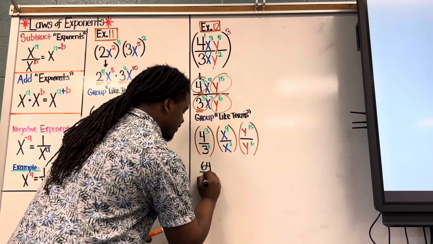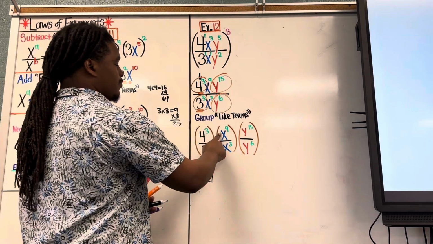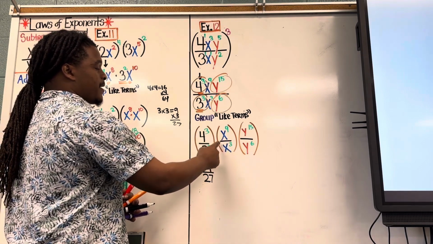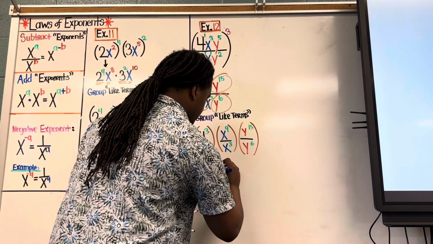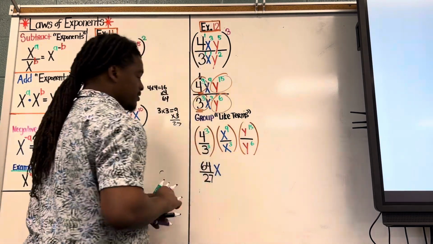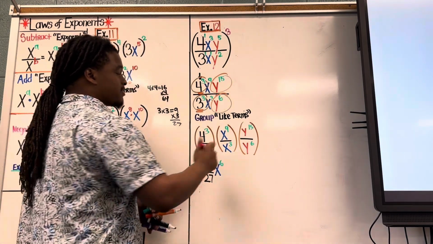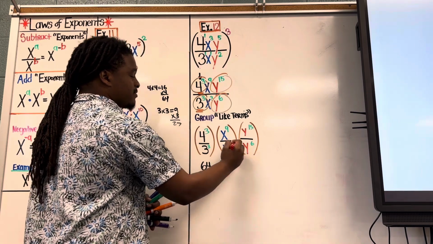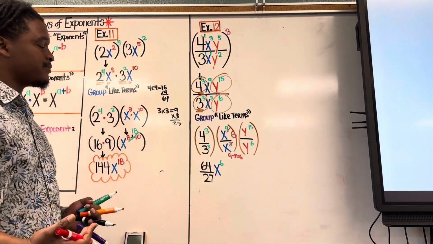So that's 64 over 27. We have x to the 9th power divided by x to the 3rd power. They both have a coefficient of 1, so that's going to be x to the 6th power, because we have to subtract 9 minus 3 to get the power of 6.